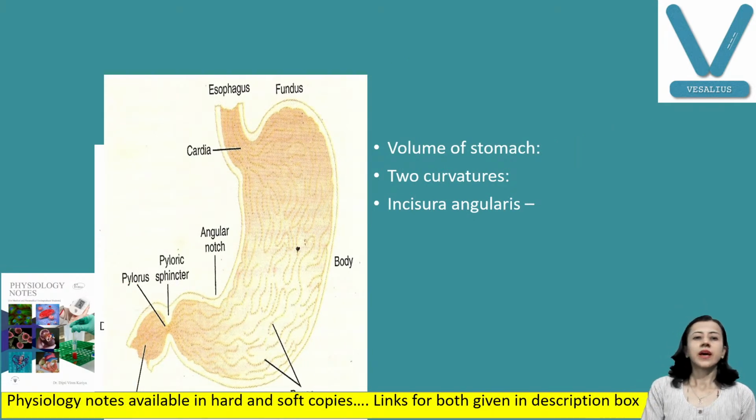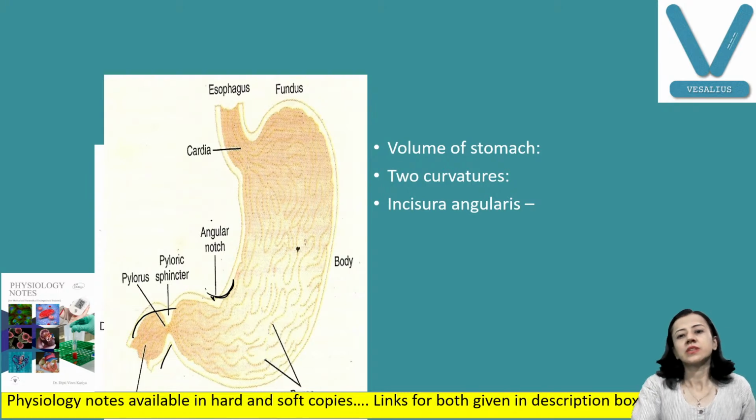You can see here, at the angle of the lesser curvature, the incisura angularis makes a point, at which the stomach narrows, becoming narrow before its junction with the duodenum. So this is the incisura angularis, or angular notch.